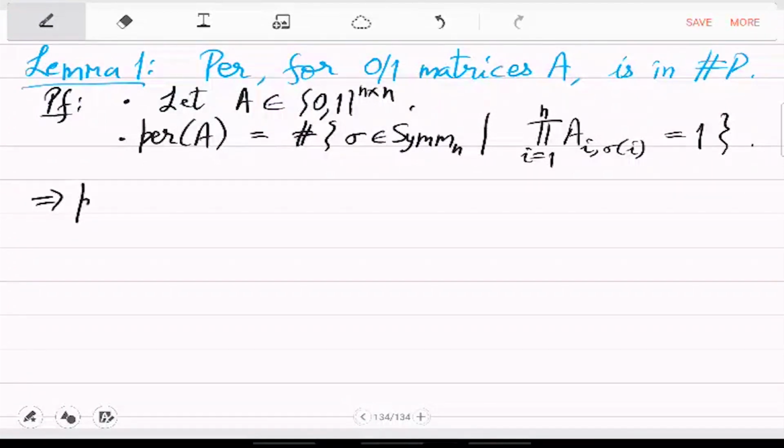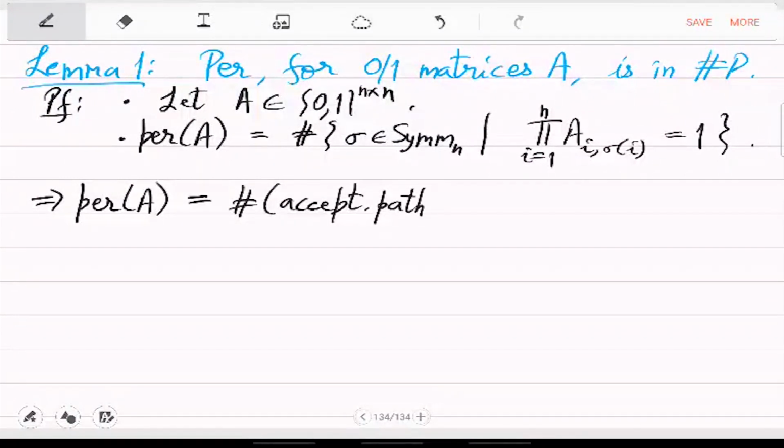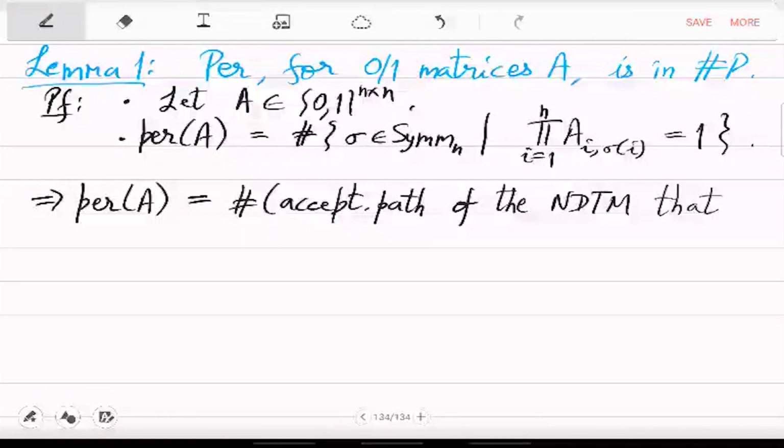So permanent equals the number of accepting paths of the NDTM that, given A, guesses sigma.